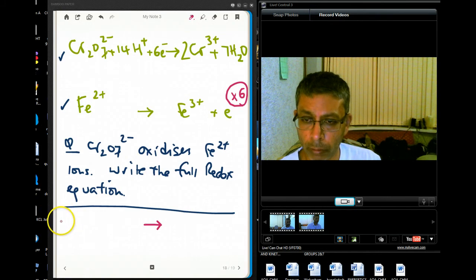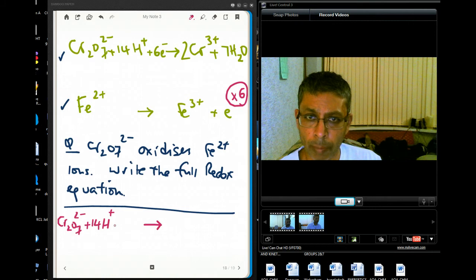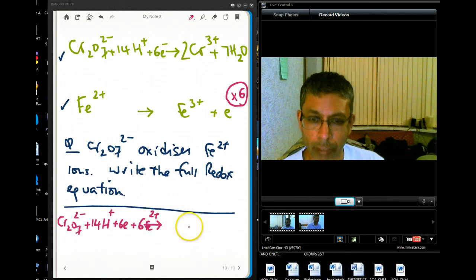Right, dichromate Cr2O7 2 minus plus 14H pluses, and I'm not going to write, in fact I will write the electrons, and then I've got 6 Fe2 plus. Okay, 6 Fe2 plus.